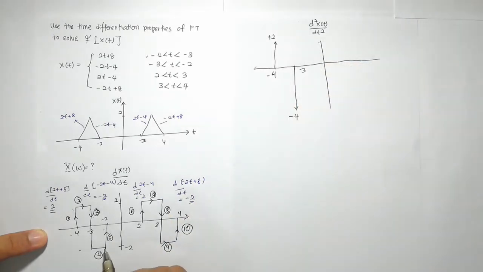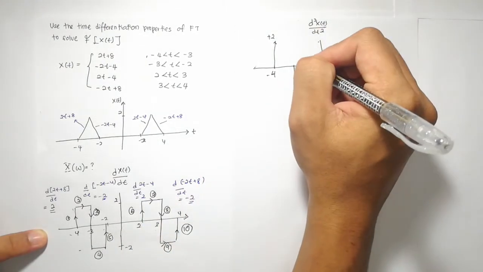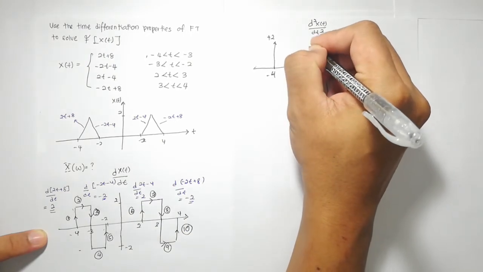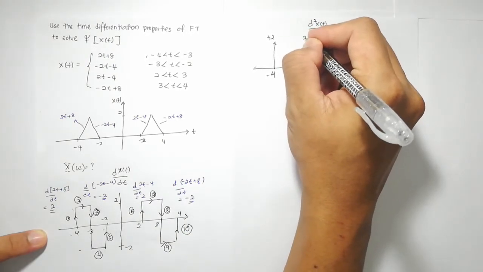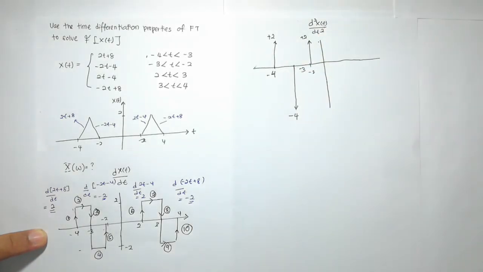And then the next one goes up from negative 2 to 0, so the distance is 2, and this will be a delta function with amplitude of 2. That is done for 1, 2, 3, 4, and 5. Then we continue with part 6 and the rest.